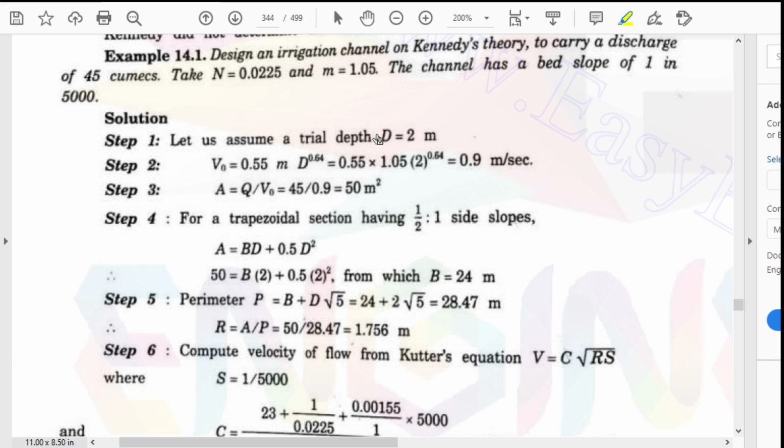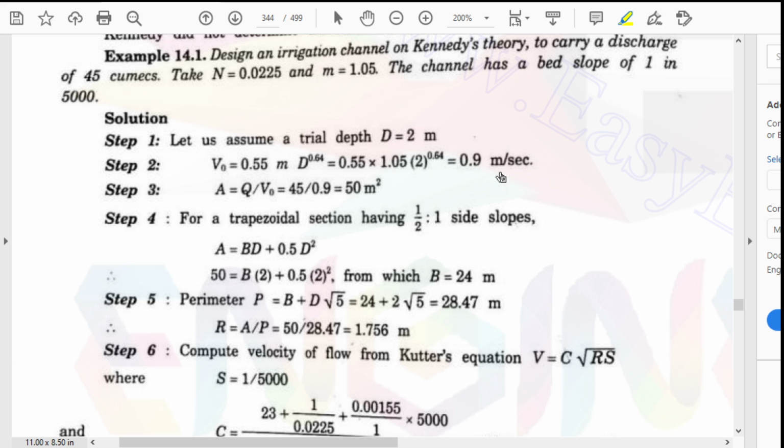We have already assumed d as 2 meters, so substitute it in the velocity equation and you will get the velocity as 0.9 meters per second. Because m is given, that is 1.05, the only unknown is d. So we assumed the trial depth of 2 meters and found the velocity as 0.9 meters per second.